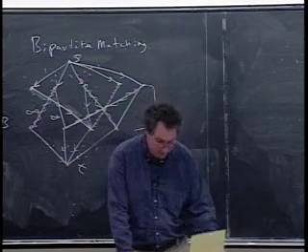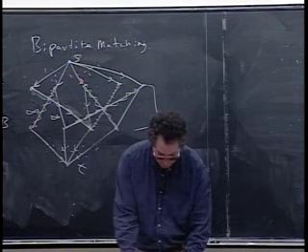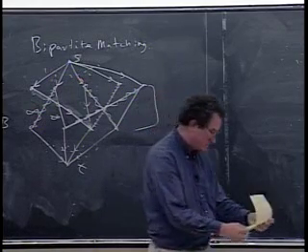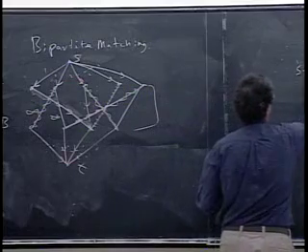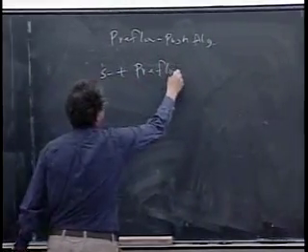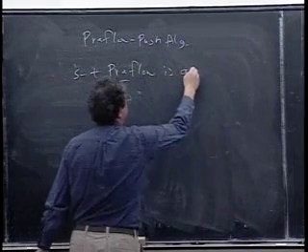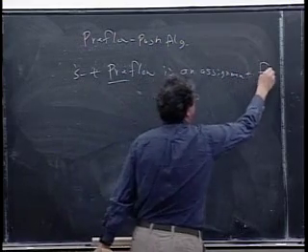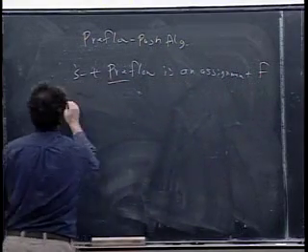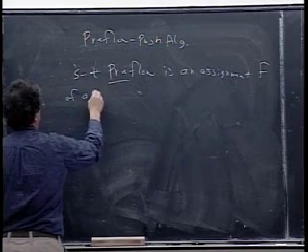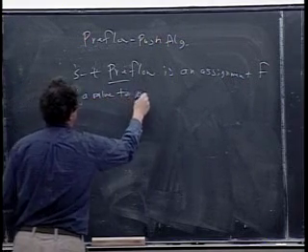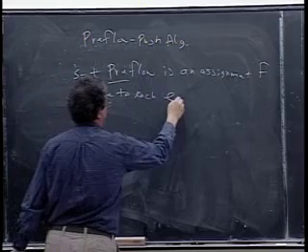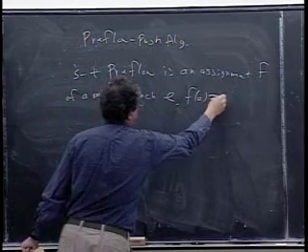So a preflow is not quite a flow. Let me give you the basic definitions. An ST preflow is again an assignment F of a non-negative value to each edge E, so F(E) greater than or equal to 0.